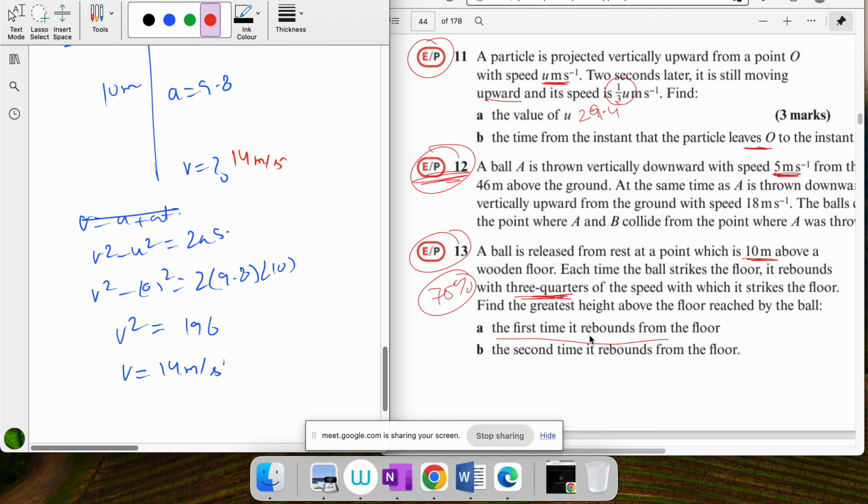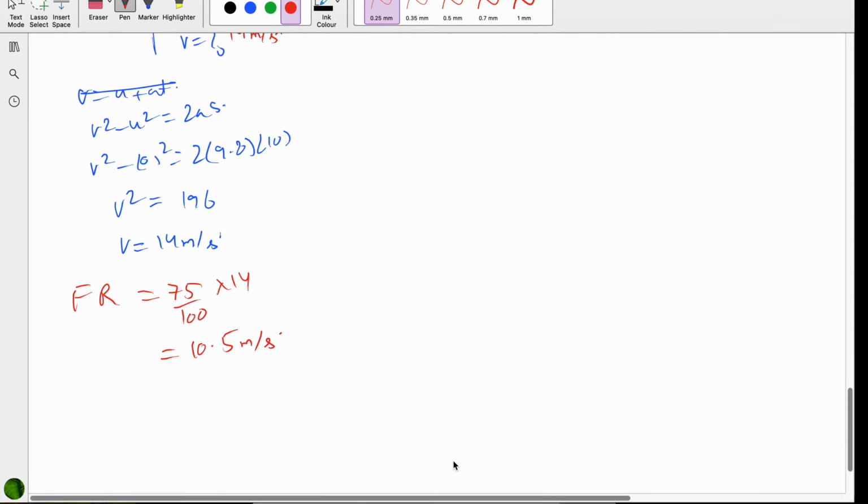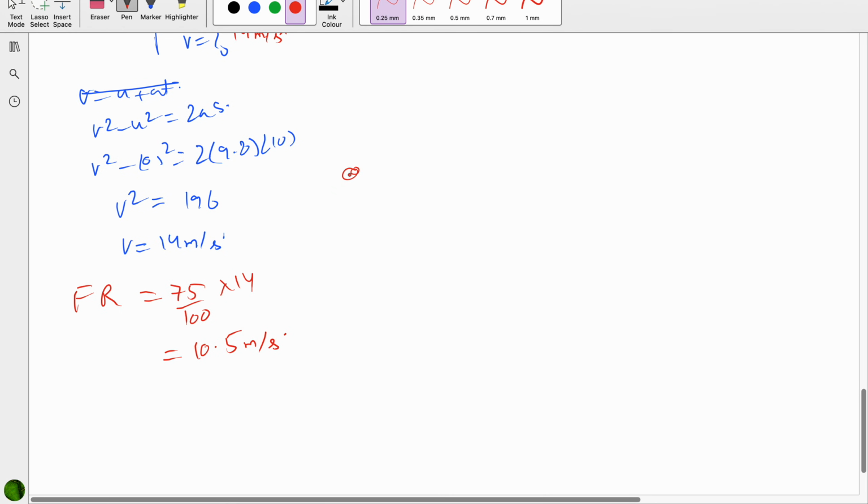And it says the first time it rebounds. So that was 75%, 3/4 of 14. So 14 into 3/4 is 10.5 meters per second. The second time it rebounds from the floor. So it dropped. This is the first rebound.